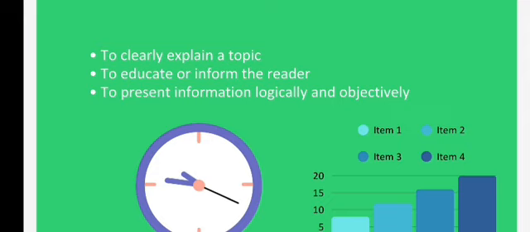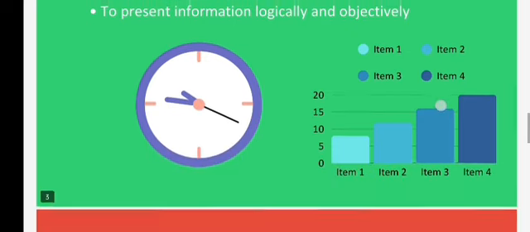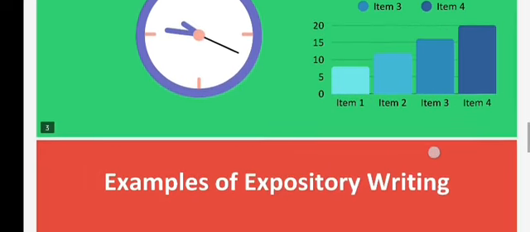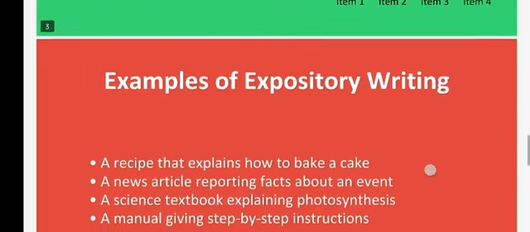Objectively means you are stating your information as it is, without being biased, without sharing your own points of view, without sharing your own personal opinions on the subject. So that is objectivity. So these are the common purposes of expository writing.